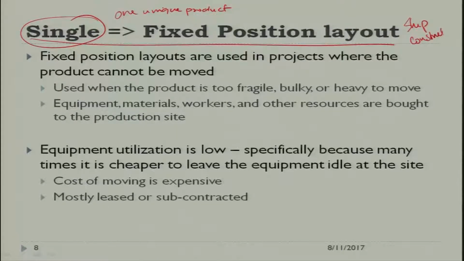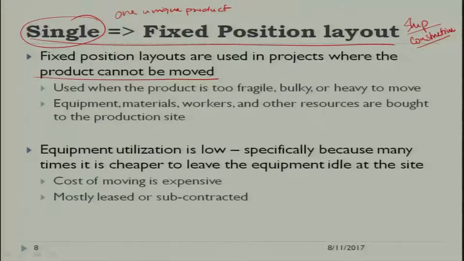You are building a big building or you are building a big ship, a battleship or an aircraft carrier, something like this. The main important thing that should be realized is that the products in this case cannot be moved. What do you mean by an immovable product?